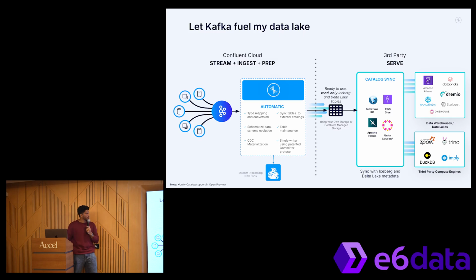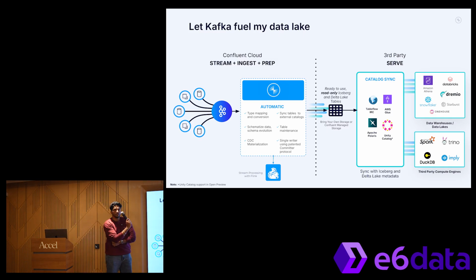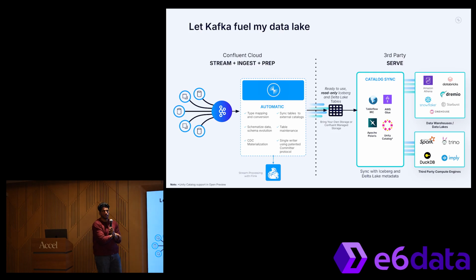Yeah, so we have to do compaction for sure, but the good thing is that if you have good throughput, the small file problem is typically taken care of. Let's say you are pushing a lot of data and materializing every 2 or 5 minutes, and you have enough data, you already get a bigger file. For smaller files, we do two things.